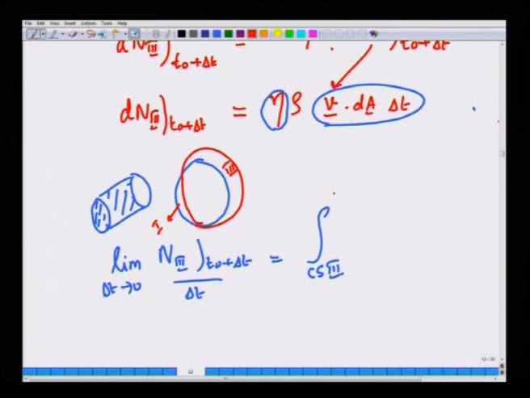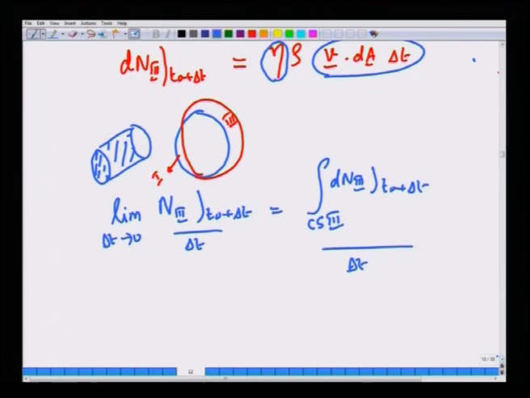So, we will do the integral over the entire control surface 3 of dn3 at t0 plus delta t, divided by delta t. This will be our result, and in order to simplify this further, we will substitute dn from here to here.